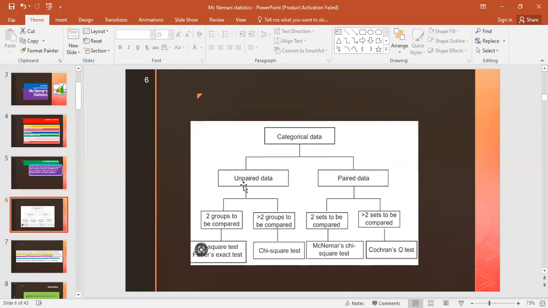In unpaired data, if two groups are to be compared, then we use the chi-square test or Fisher exact test. And if the groups are more than two, then we use a chi-square test.